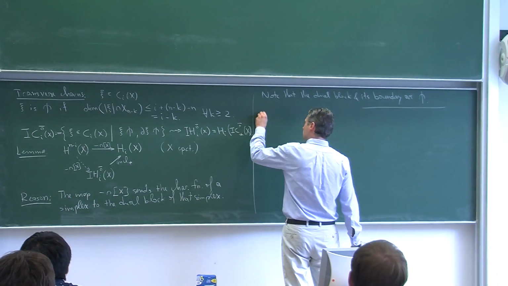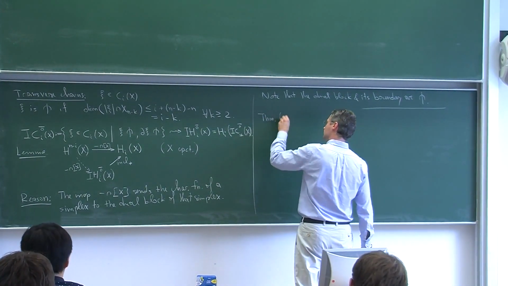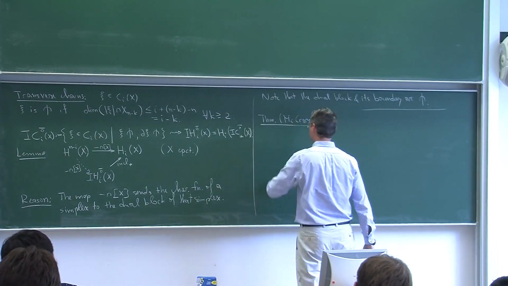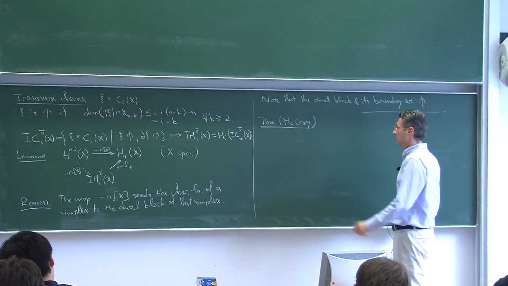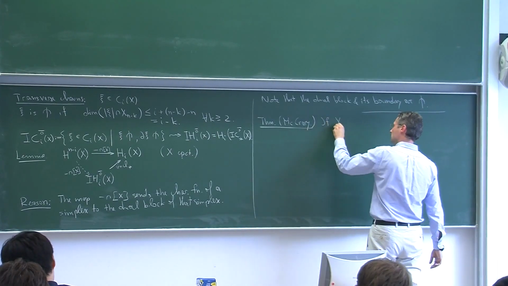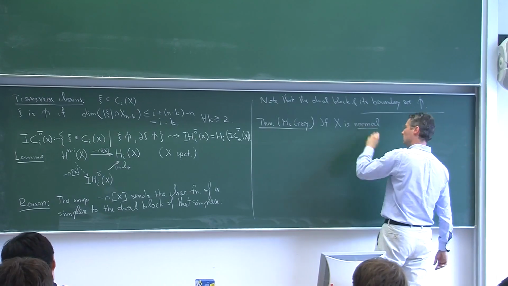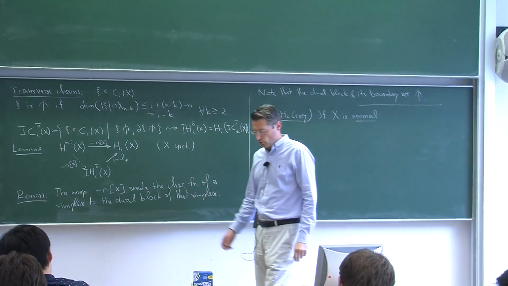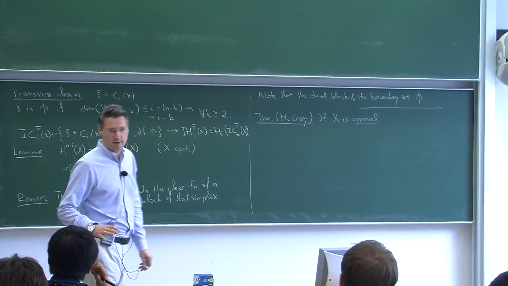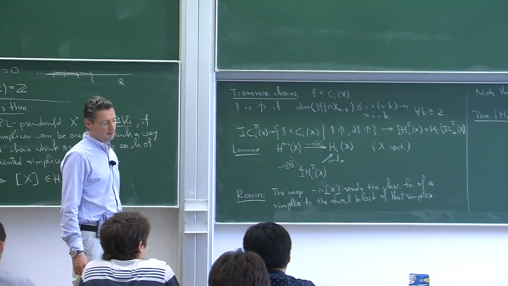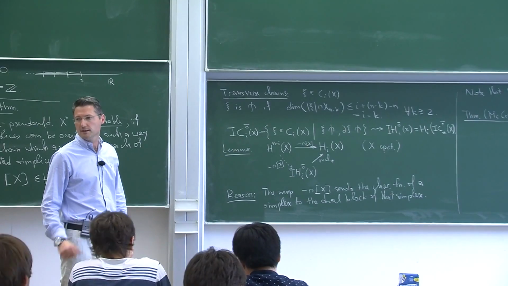And so Macrory's theorem then is the following. If X is normal, so what does normal mean? Normal simply means, I think I said it yesterday briefly already, at least during the problem session, that the links are all connected.